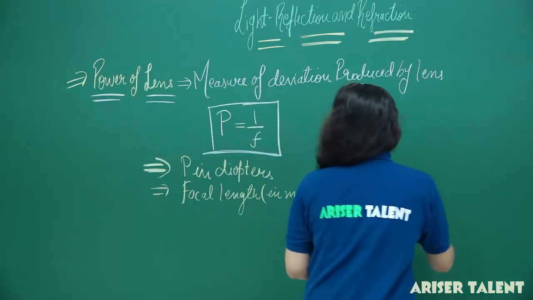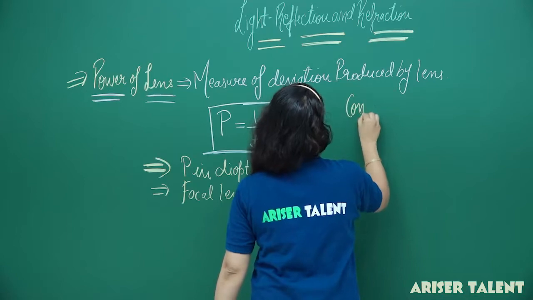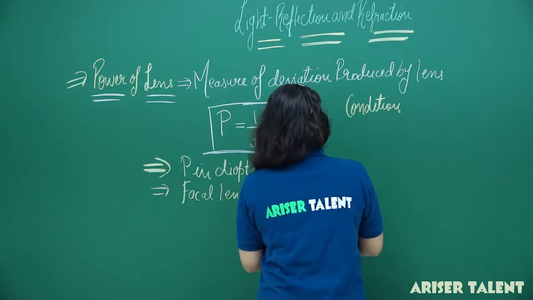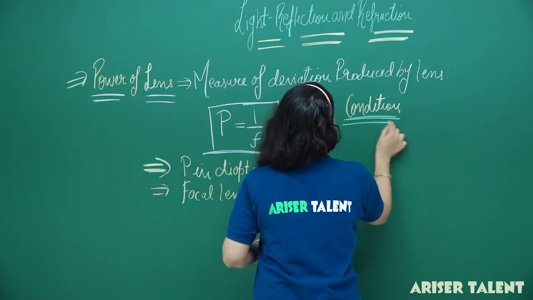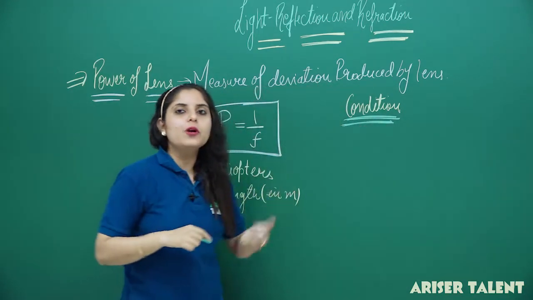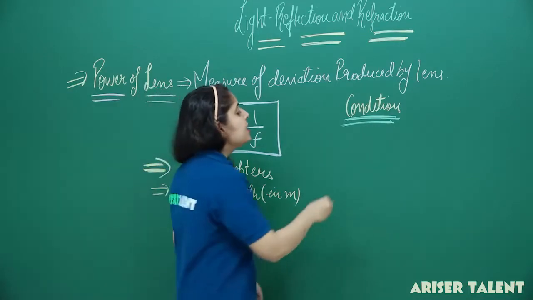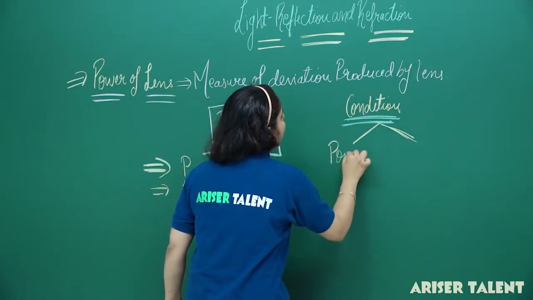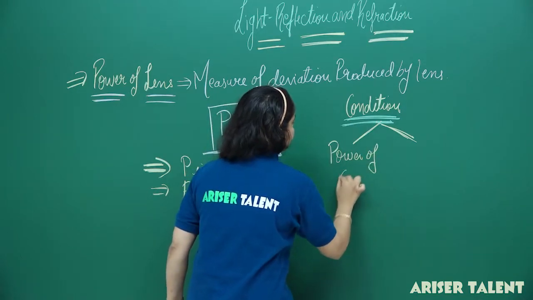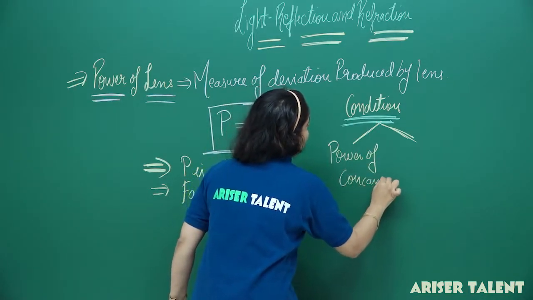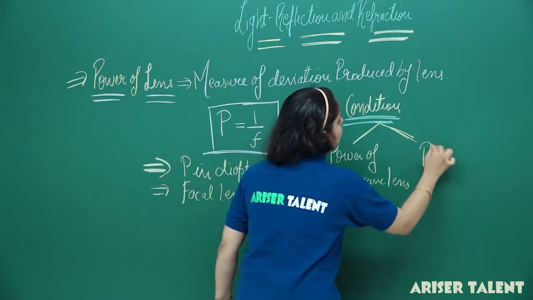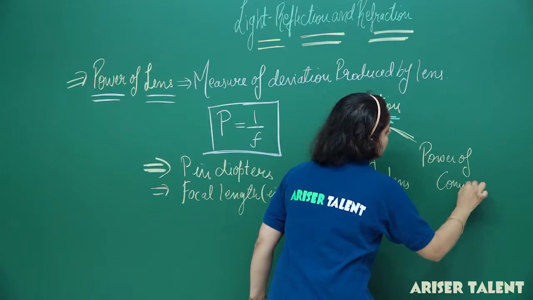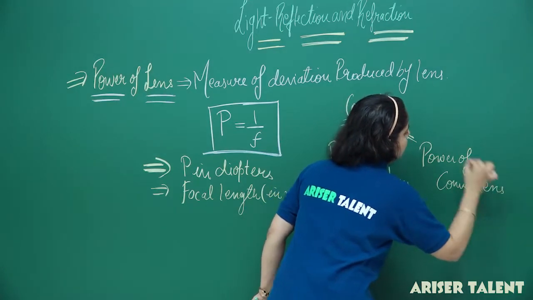Now, what will be the condition here? We actually have two conditions here. Firstly, if I am talking about the power of a concave lens and the power of a convex lens.